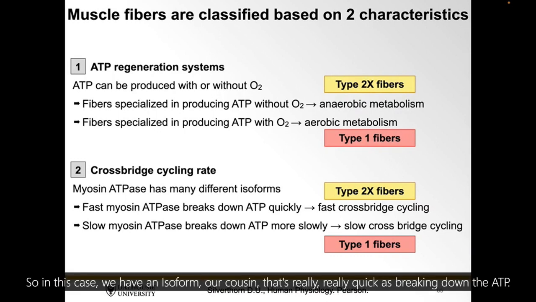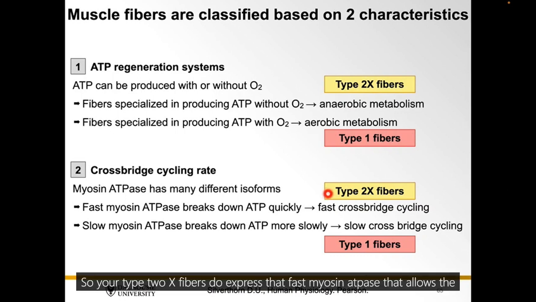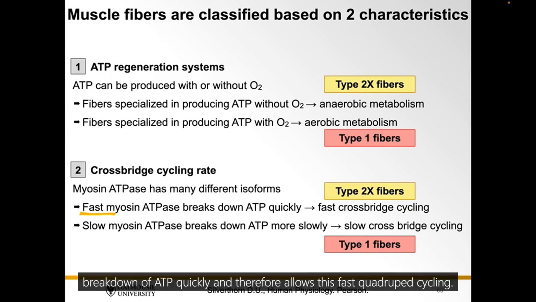So in this case, we have an isoform, or a cousin, that's really, really quick at breaking down the ATP. Therefore, it allows the cross-bridge cycle to occur quicker. So your type 2X fibers do express that fast myosin ATPase that allows the breakdown of ATP quickly and therefore allows this fast cross-bridge cycling.